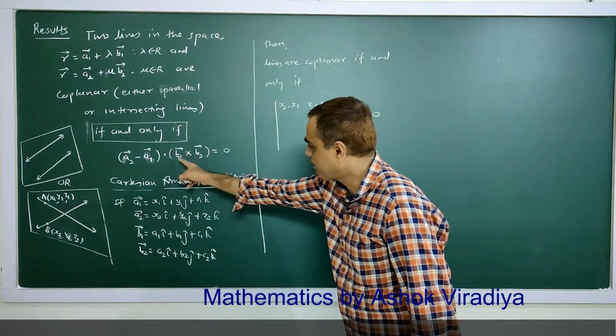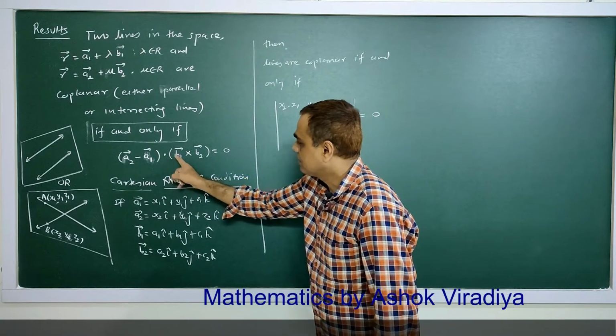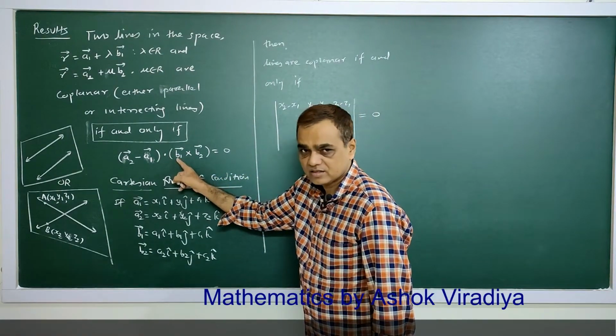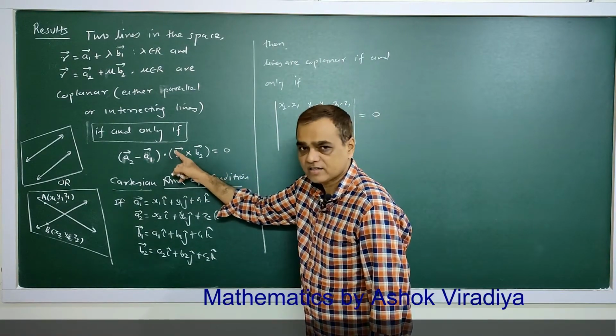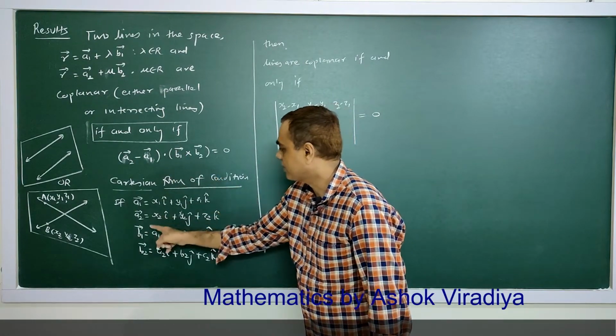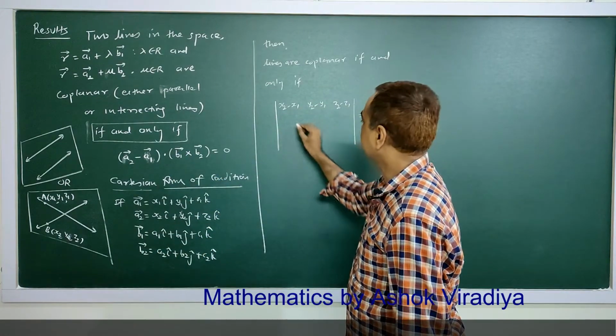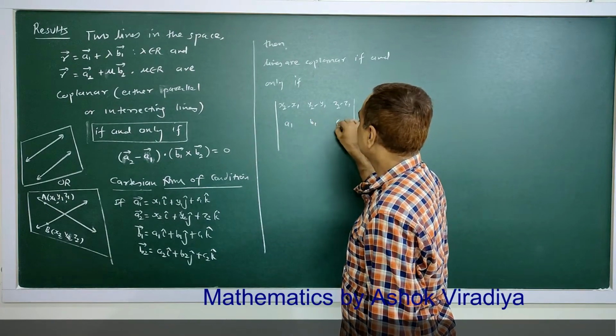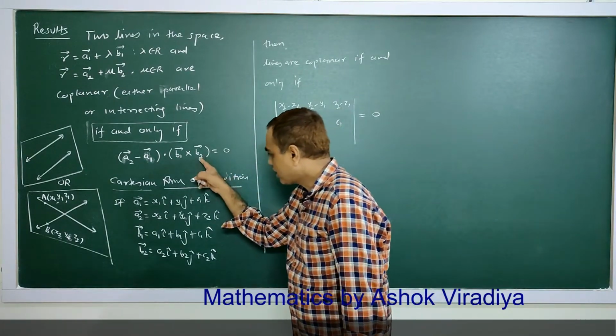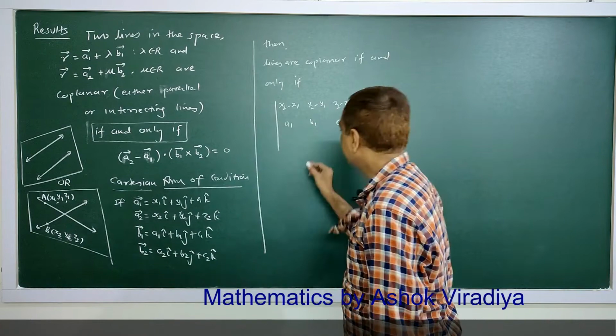In the second row of the matrix keep components of vector b1, scalar components, that is a1 b1 c1. Then components of vector b2, a2 b2 c2.